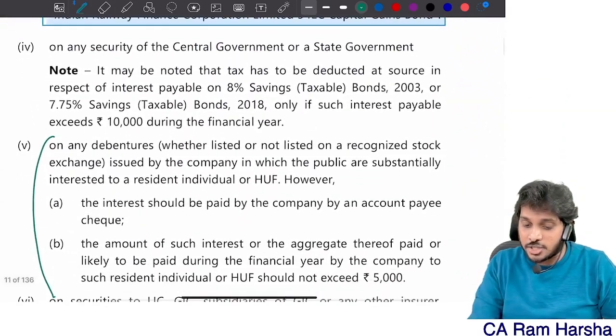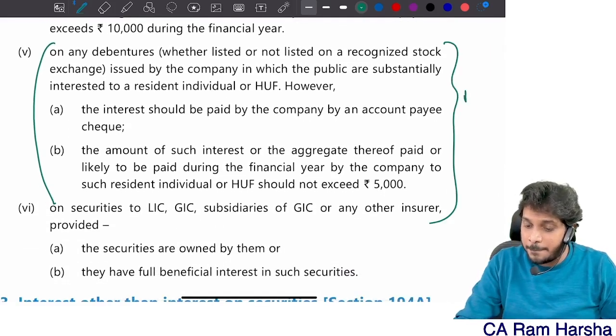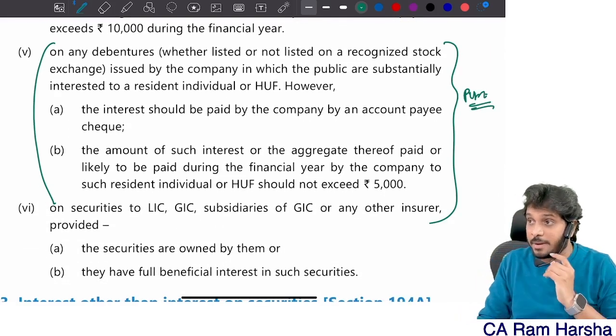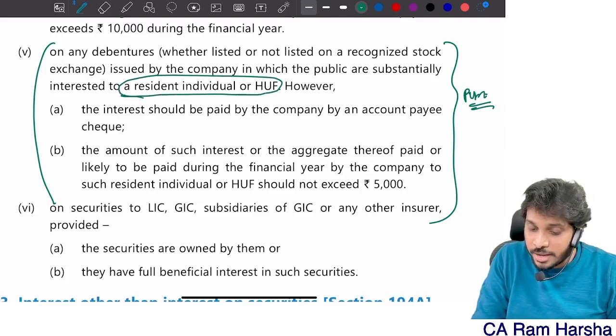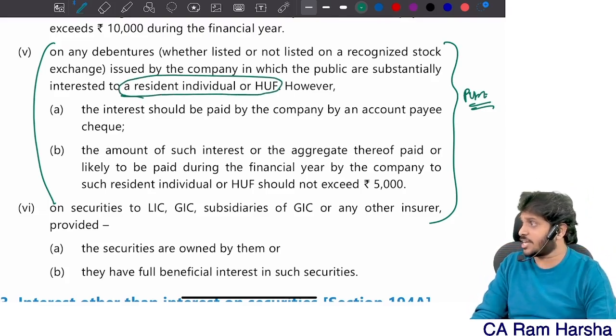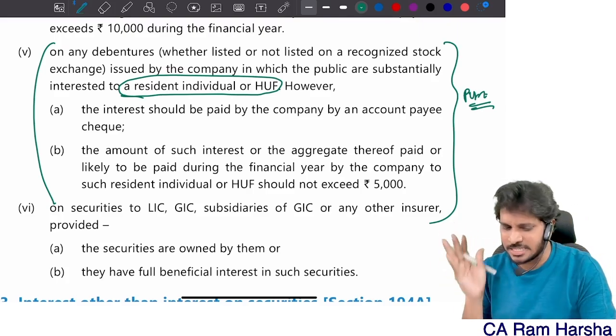If you are paying interest on government or state government securities, if at all interest is paid by public companies, that to whom? Individual or HUF. If the interest on security is paid by a public company, it may be listed or unlisted.